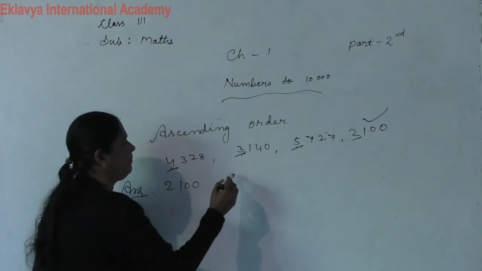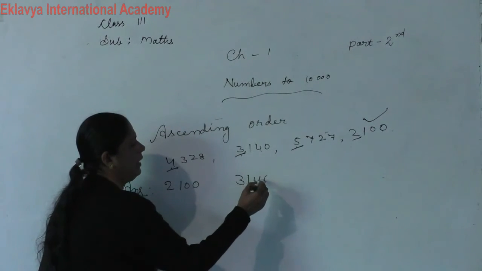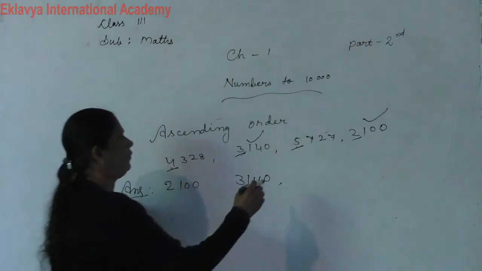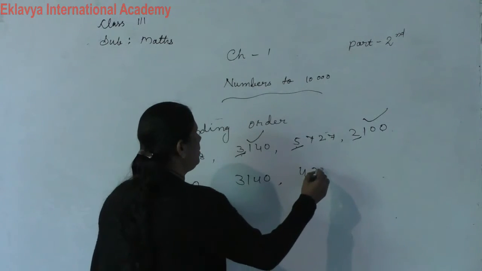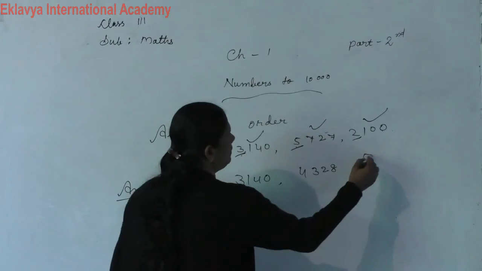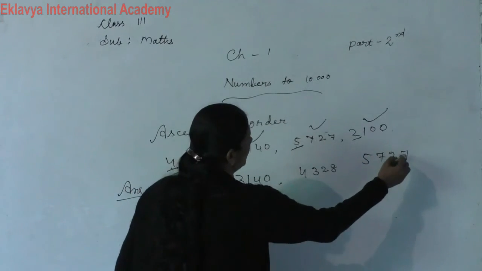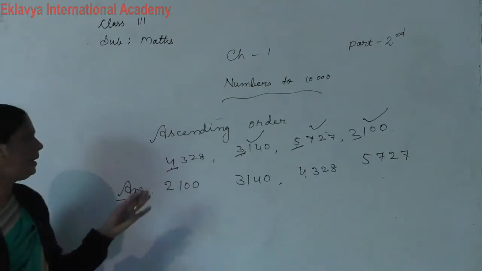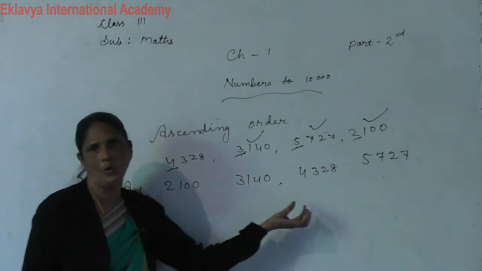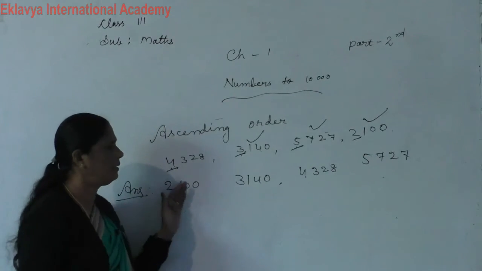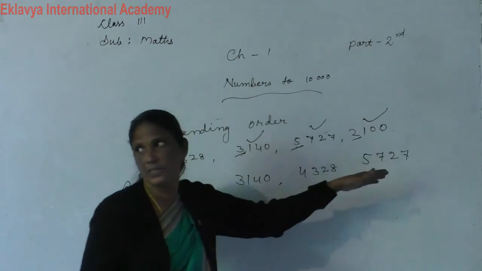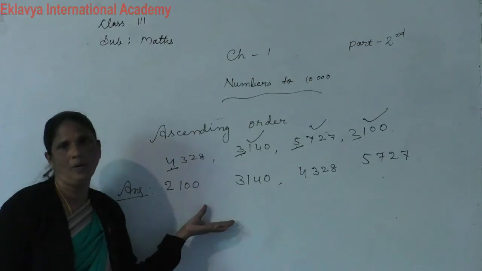Then 4328, 4, 3, 2, 8. The next number is this, 5, 7, 2, 7. This is the ascending order, that is increasing order. Smaller, then greater, then greater, then greater. This is the ascending order.